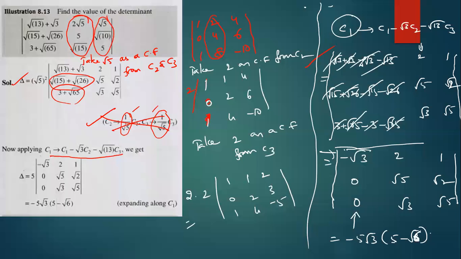You can expand along any row or any column, and the answer should be the same. That is the property of determinant. But time management is very important. If you are expanding along C1, that is very, very easy. But the formula changes. Along C2, the zero is not possible, but the same answer is coming here. Check it.